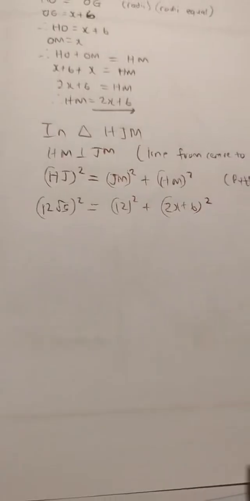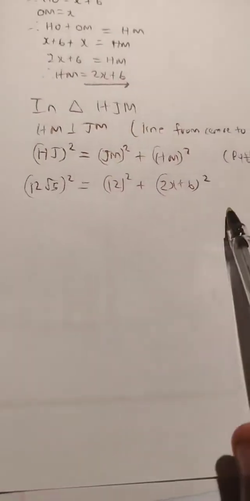Then I can substitute in the place of HJ 12 root 5 the whole thing squared. That is the hypotenuse. JM 12 squared. HM 2x plus 6 the whole thing squared. Now this is going to have an equation where I'll be able to solve for x.